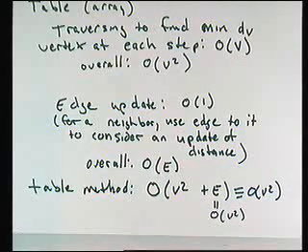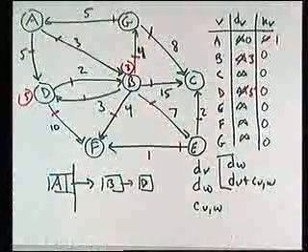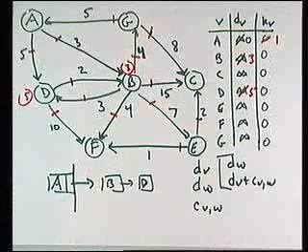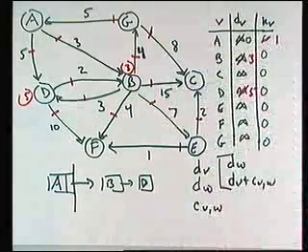So the question is, can we do better? And the answer is, well, it depends on what particular situation we have. Let's consider, again, what we're attempting to do here. We're attempting to traverse this table each time to find the minimum distance out of all the vertices that are marked unknown still, that still have 0 for k. And when we had them in a table, we had to search the table each time.